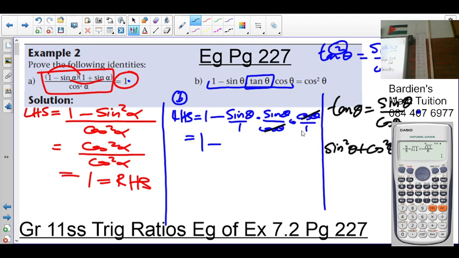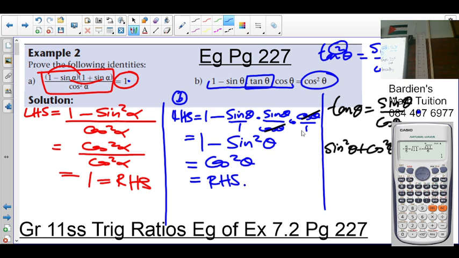Cos cancels cos, not so? So what are we left with? Sine theta times sine theta, which is sine square theta. And what is 1 minus sine square theta? Cos square theta. We say, hang on, it's equal to the right hand side. Okay, is there any confusion, people? Okay, at this point we'll stop the video. I know it was very long.